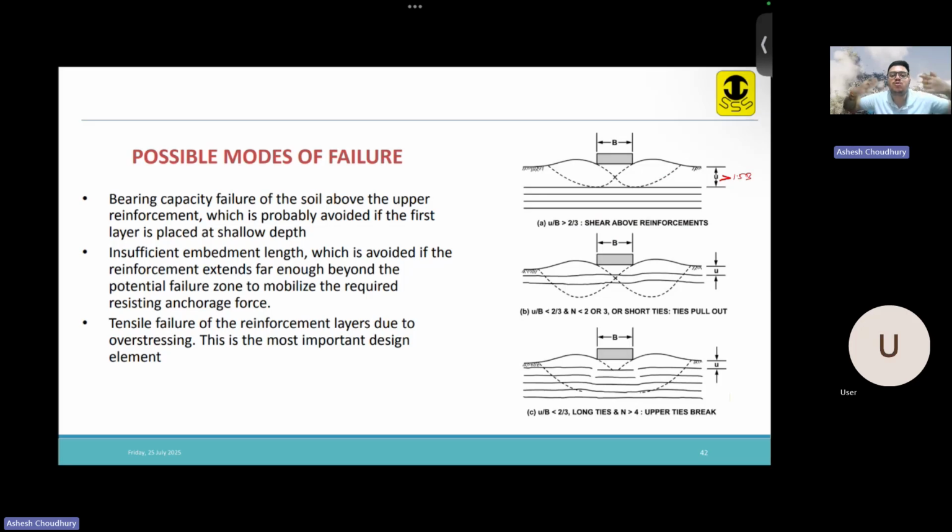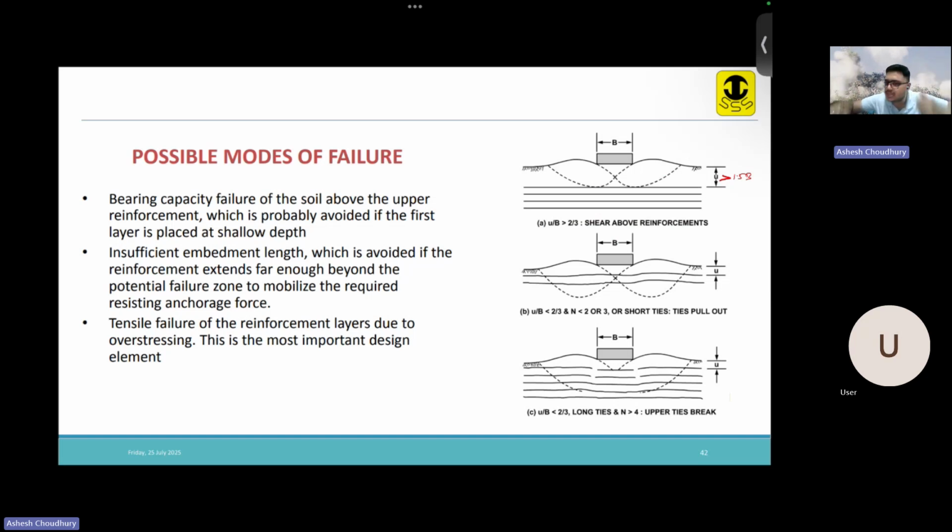In order to avoid this, you have to ensure that U by B is less than 2 by 3. If U by B is greater than 2 by 3, then the shear failure wedges are going to develop above the reinforcement layer.